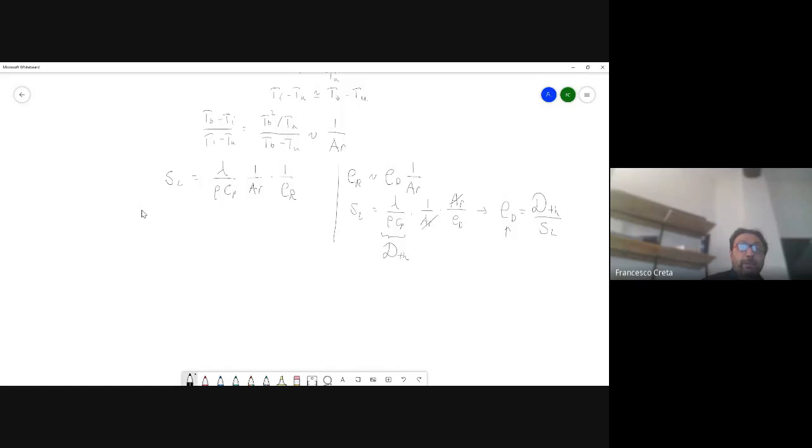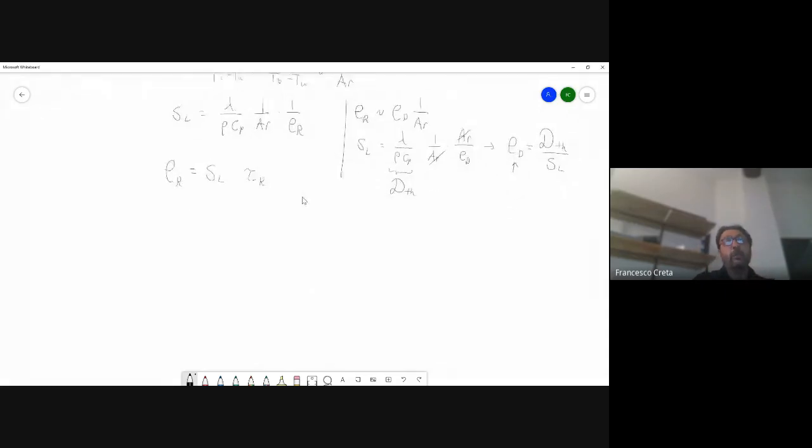So we have to get rid of this LR. Now, LR can be expressed as the laminar flame speed times some reactive time scale. I hope you agree with this, right? So that's one thing that we can definitely write. So let's see if I can really simplify things.